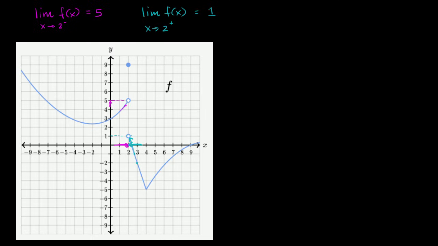So in this case, the limit of f of x as x approaches 2 from the negative direction does not equal the limit of f of x as x approaches 2 from the positive direction. And since they're not equal, the limit does not exist.